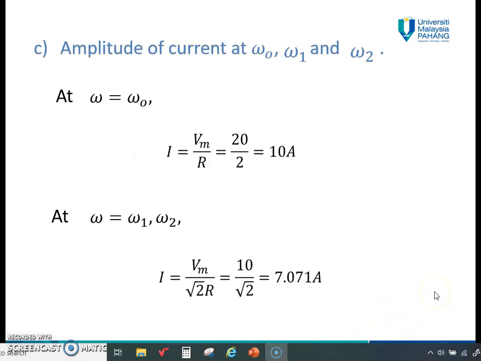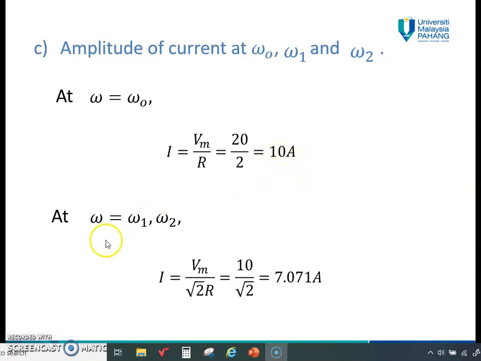Next, you have to calculate the amplitude of current at omega naught, omega 1 and omega 2. At omega naught, I is equal to V over R. V is given in the circuit, which is 20 volt, and R is 2. So the current at resonant frequency is equal to 10 ampere.